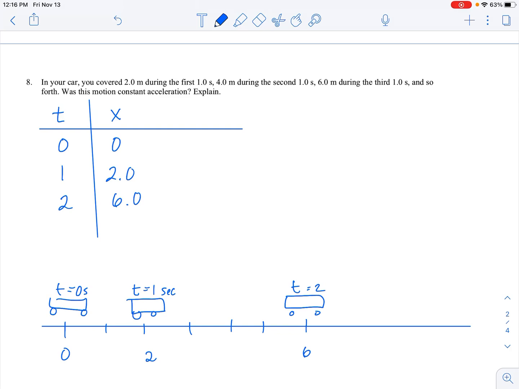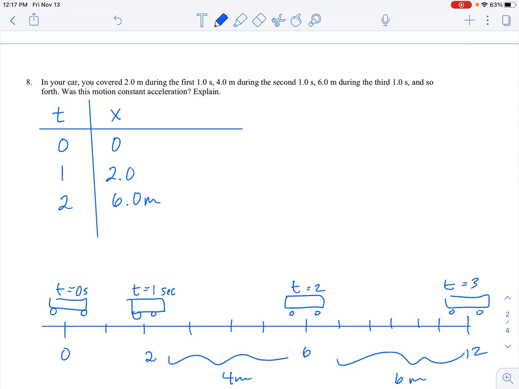We will have gone 6 meters. Again, this distance is that 4 meters that we went during the second. And 6 meters during the third second. So 7, 8, 9, 10, 11, 12. So that's 6 meters. That takes me out to 12 after 3 seconds.